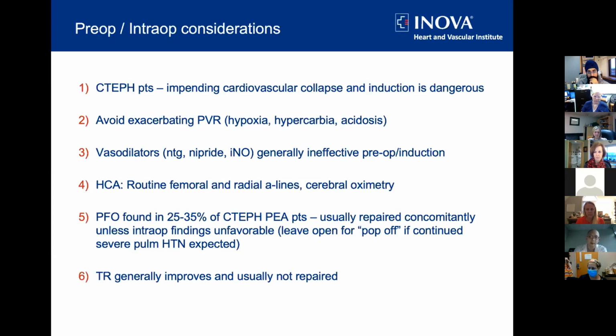But in pulmonary hypertension patients, sometimes it's thought that you should leave it open, particularly if you think that there's going to be ongoing pulmonary hypertension, because even though it's a cyanotic shunt, it may be a significant source of systemic blood flow by moving that blood flow to the left side.